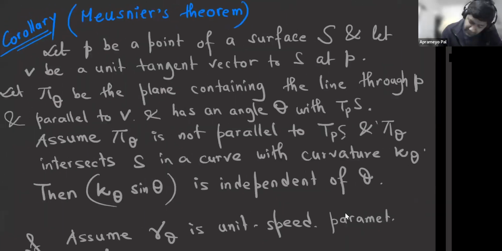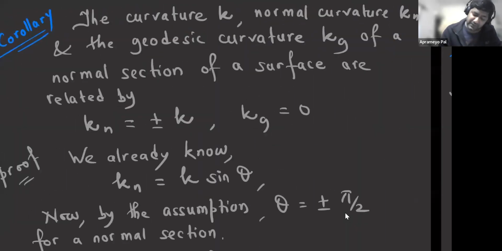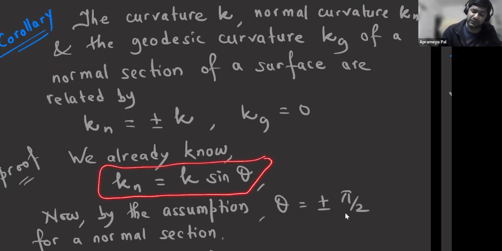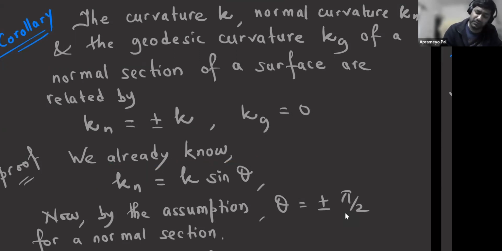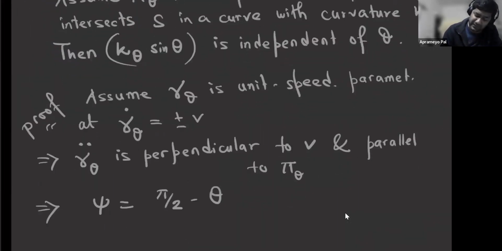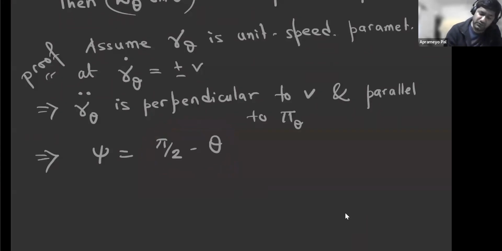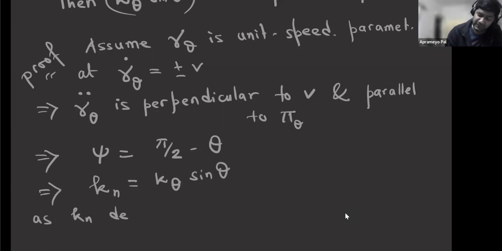So with the same proposition, the normal curvature is k theta, the curvature of this curve, times sine theta.